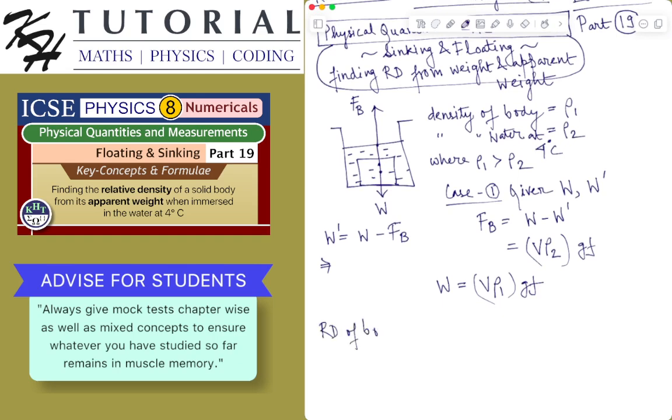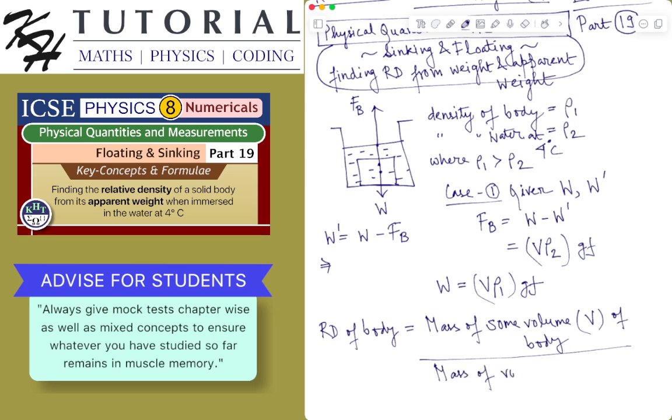of the body is what? It is equal to the mass of some volume, let's say V of the body, divided by the mass of the same volume, the mass of volume V of water at 4 degrees centigrade.